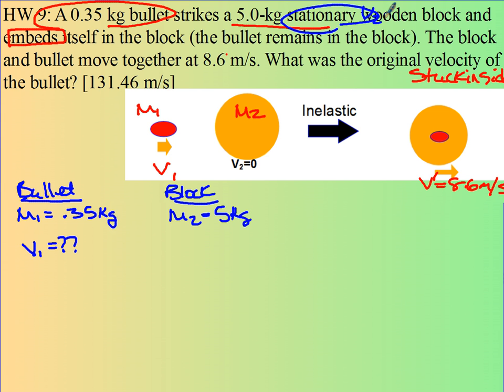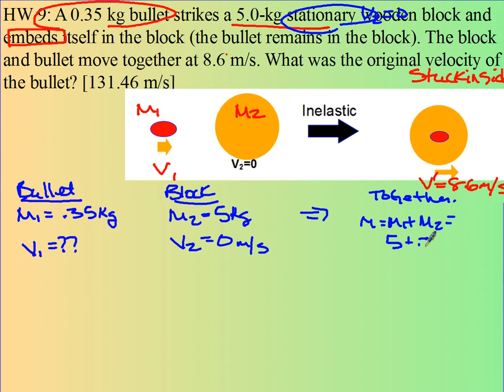Stationary just means the velocity is 0. So V2 before the collision is 0. After collision, we have them together. So M is going to be M1 plus M2. I'm going to go ahead and do the calculation because I can. This is 5 plus 0.35 or 5.35 kilograms. And I know the final velocity, it tells me it moves off at 8.6.